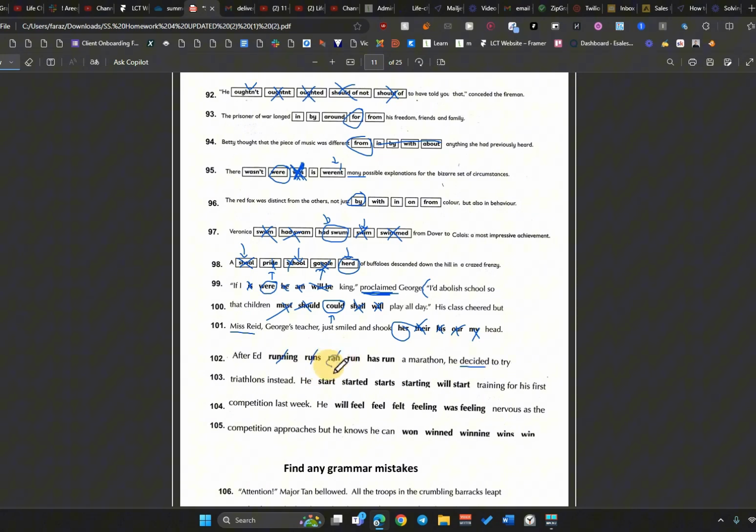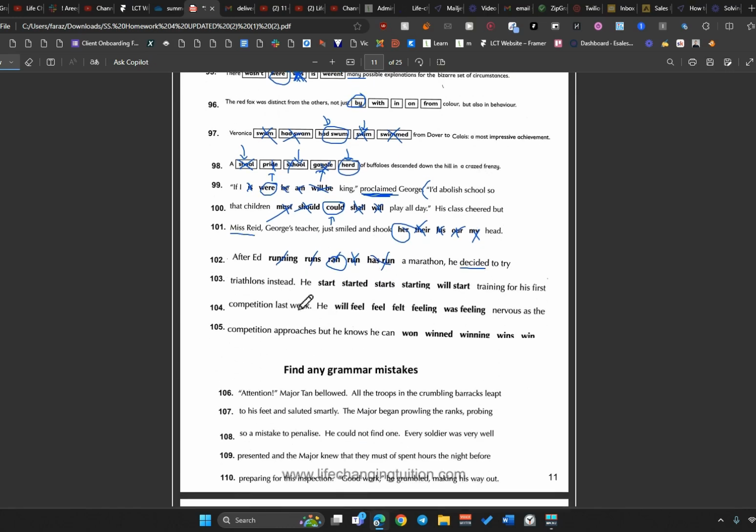After Ed ran a marathon, that does work. Run, that's present, and this is also not the correct past tense version. Triathlons, decided to try out triathlons instead. He started training for his first competition last week. So this is the only one in past tense, so that's going to be the right answer.